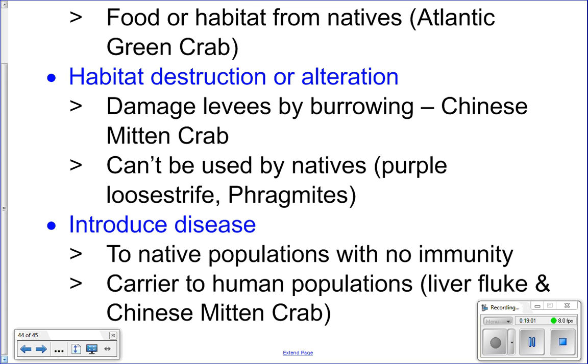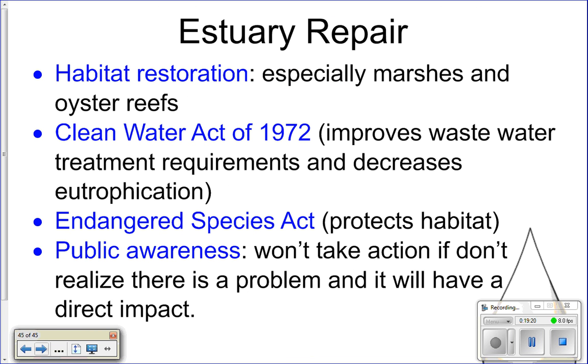So this introduced species would bring a disease to a native species, and the native species can suffer greatly because they have no immunity to this disease. So introduced species are bad. Very, very bad.